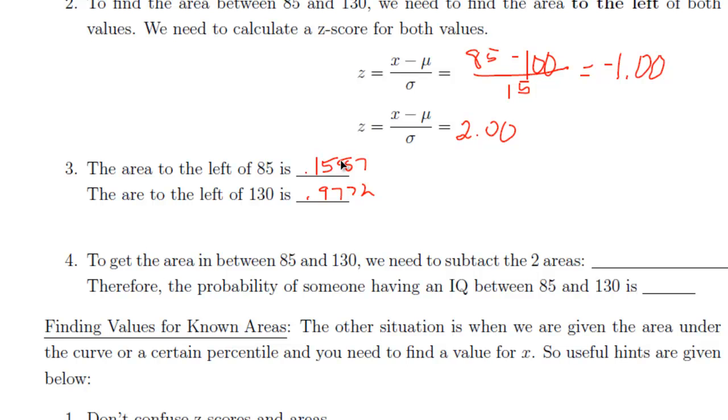So I'm chopping off the area to the left of 85 from the area to the left of 130. And that leaves me with the area in between. So what I'm going to do is take 0.9772 minus 0.1587. And so when I do that, I get for my final answer 0.8185. Okay, so let's go and do this on the calculator.